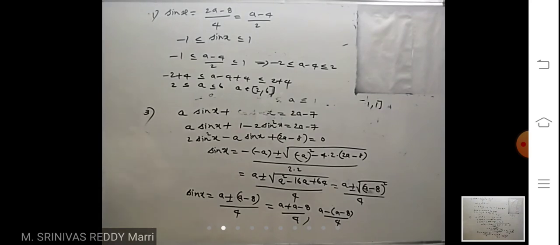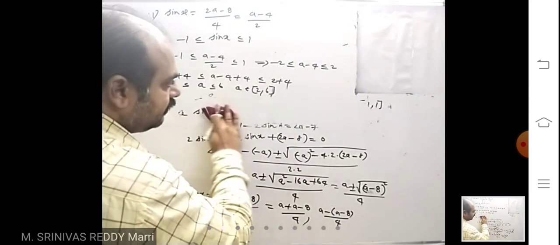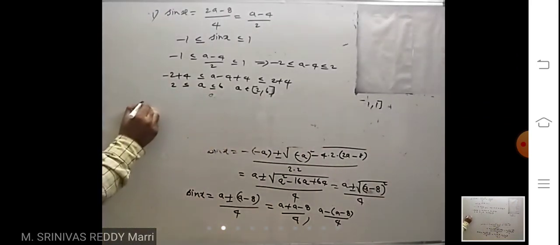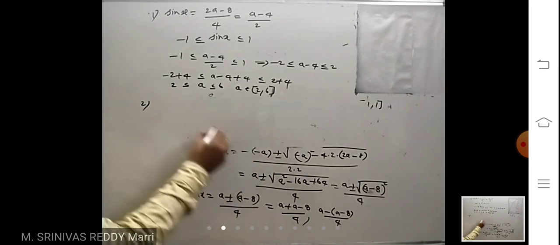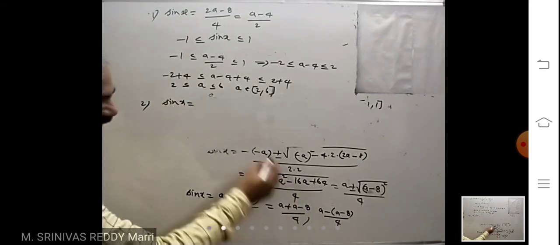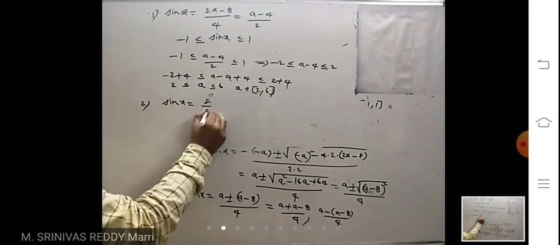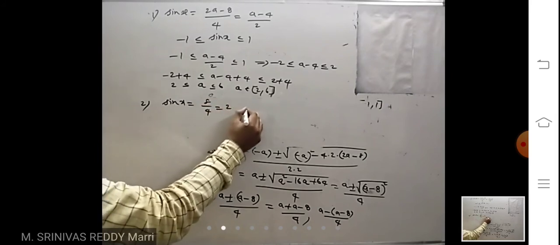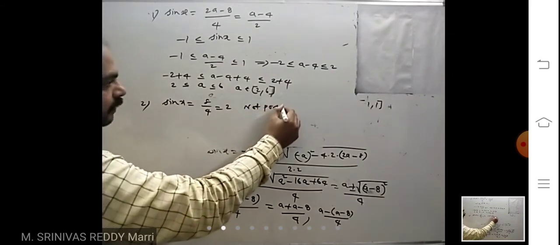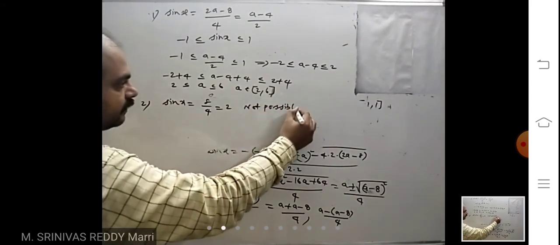Right? If you take the second case, this is the one, sin x equal to 8 divided by 4, that is 2, not possible.